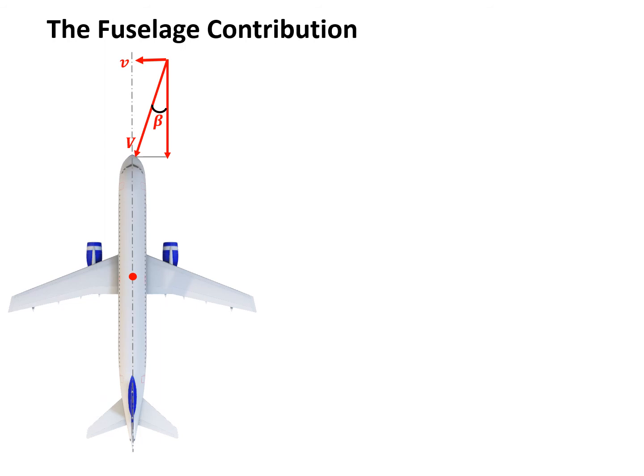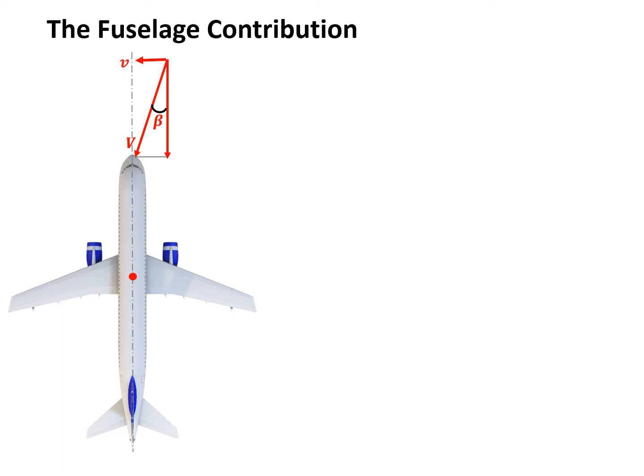Now we need to consider the fuselage contribution to the side force. It's the same scenario, and the same aircraft is under positive side slip. Now let's consider why the fuselage will generate a side force during the side slip. Apparently for passenger aircraft, the fuselage can be considered as a cylinder.